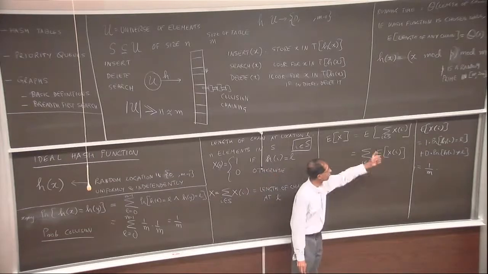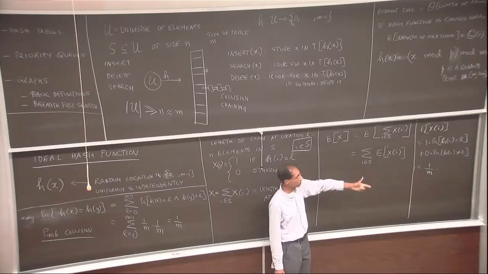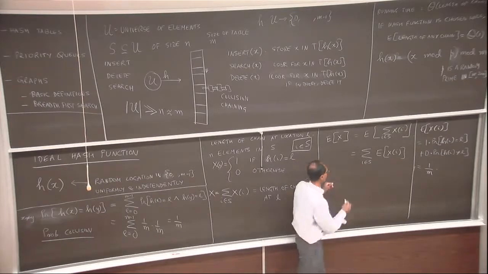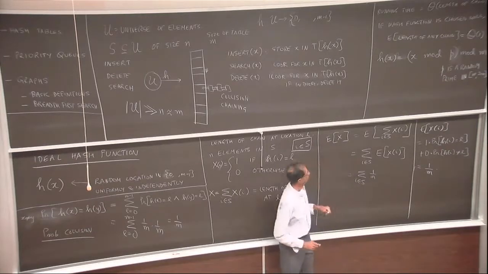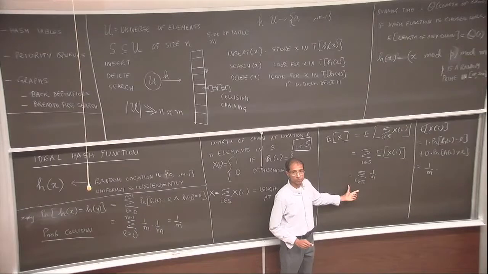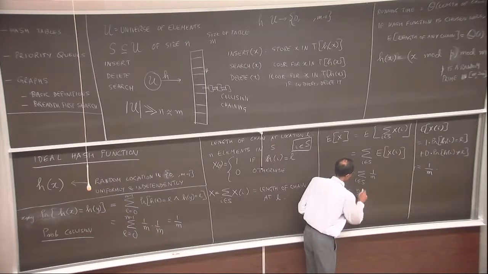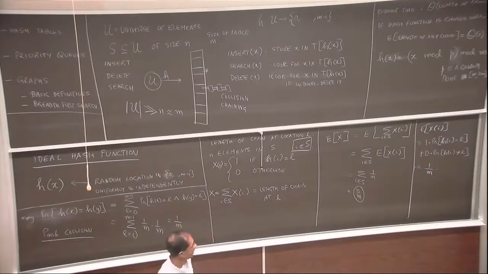So regardless of what i is, regardless of what l is, the expectation of x_i is 1 over m. So the summation over all i belonging to S of 1 over m is n over m. The number of elements in S is n. So the expected length of a chain is n over m.